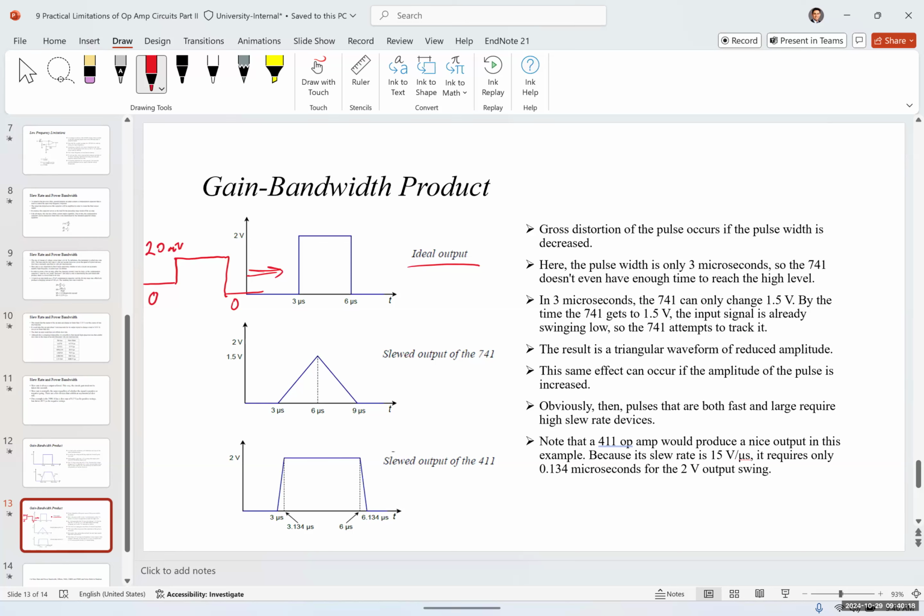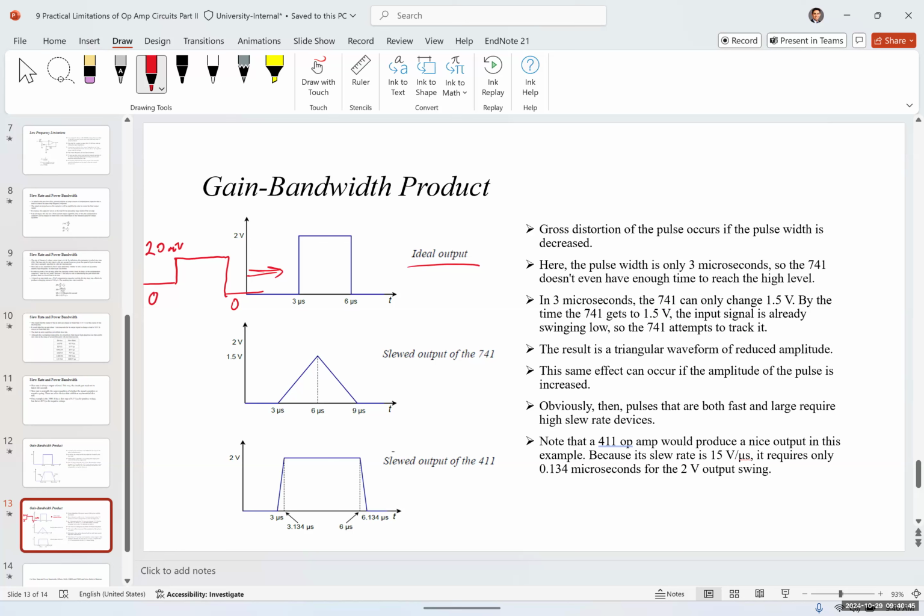First reason, obviously, if we have information in this signal, we don't want any distortion. We don't want the shape of the signal to change. So if we have an audio signal and you change that shape, and instead of a square you have a triangle signal, it's going to completely destroy the information.